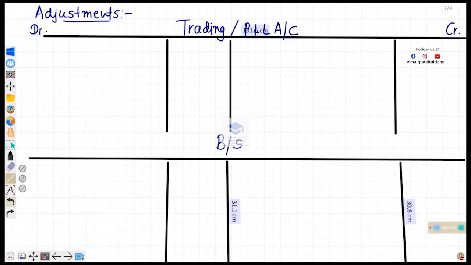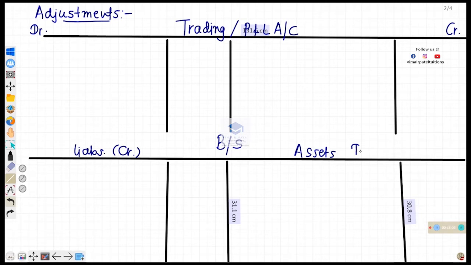Then in the balance sheet, this is the asset side and this is the liability side. We are not showing debit and credit, but for our understanding, liability will always have a credit balance and asset will always have a debit balance.